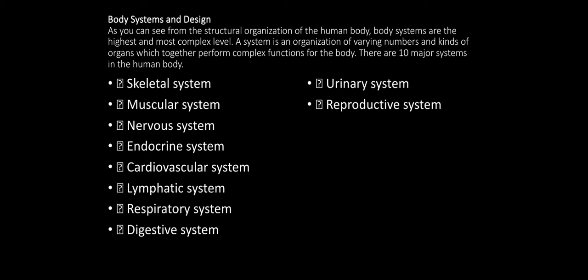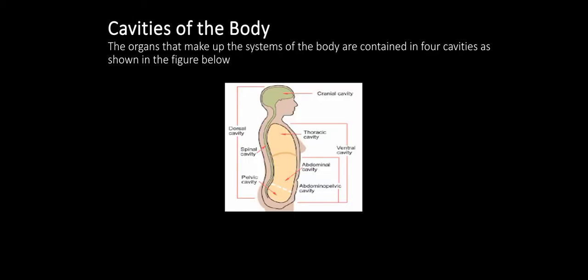So there is the skeletal, muscular, nervous, endocrine, cardiovascular, lymphatic, respiratory, digestive, urinary, reproductive. So we need to know this for us to pass anatomy and for us to gain an understanding in anatomy.